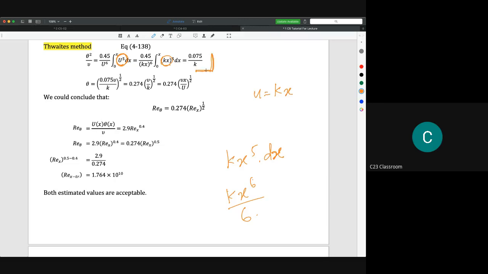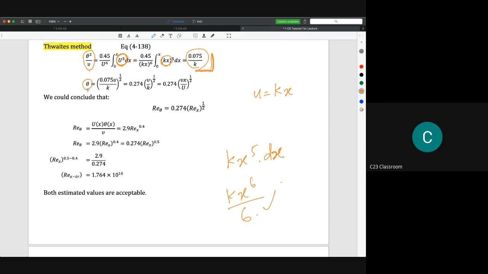Then we could cancel the x to the power of 6 and so on. I hope you could try this. Then we have theta squared over nu equal to 0.075k, and we could get theta equal to the square root of 0.075 nu over k.